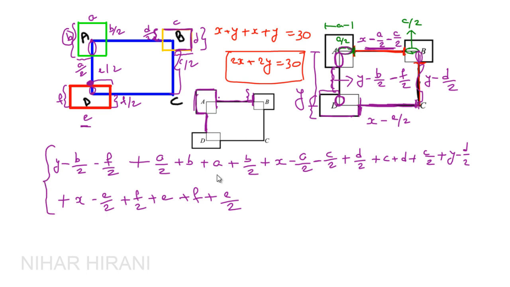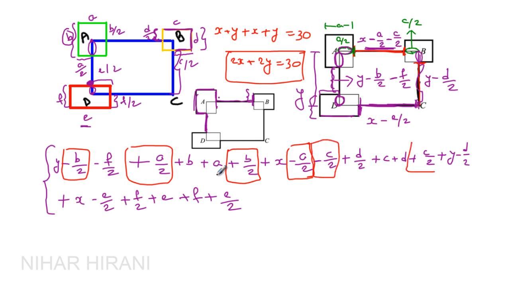But before we go ahead, let's cancel as many things as we can. So you can see this plus a upon 2 and minus a upon 2 cancelled. Same way minus b upon 2 plus b upon 2 cancelled. Same way minus c upon 2 plus c upon 2 cancelled. Same way minus f upon 2 plus f upon 2 cancelled. Same way plus d upon 2 minus d upon 2 cancelled. Same way minus e upon 2 plus e upon 2 cancelled.